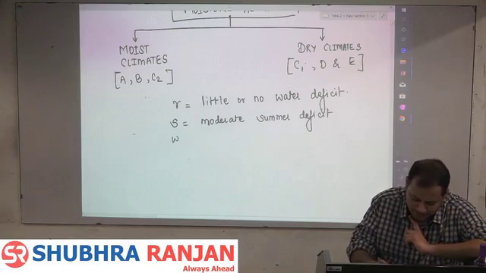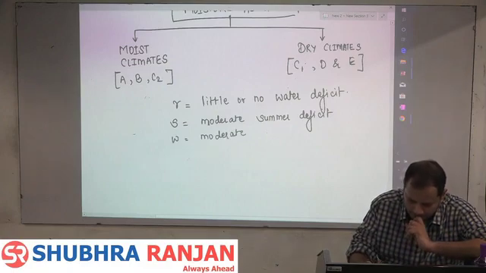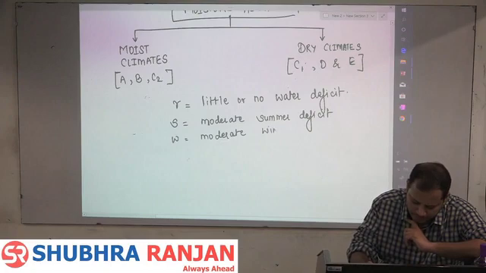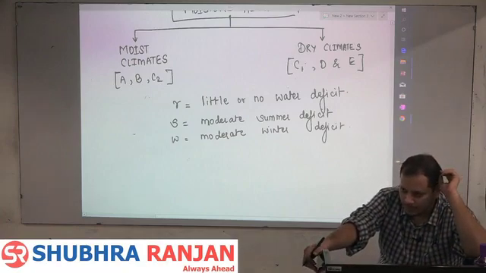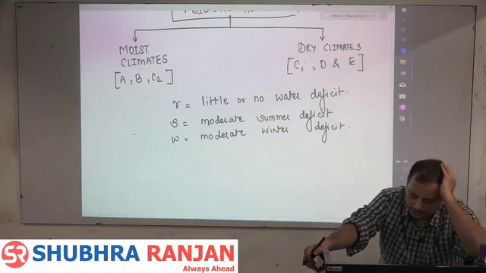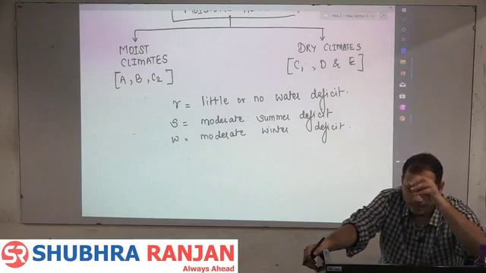W, all in small letters, moderate winter deficit. Fine. Can I continue?